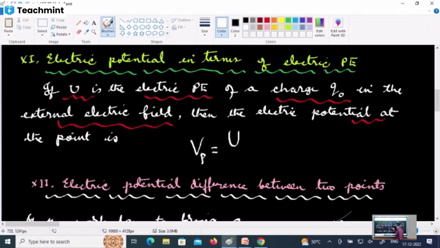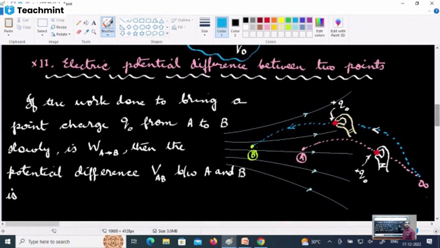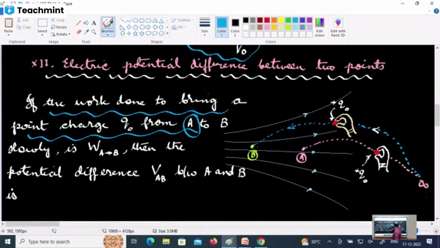Vp is equal to potential energy at that point divided by the test charge. ಈ ರೀತಿನೂ ಸಹ ಬರೀಬಹುದು. ಮುಂದಕ್ಕೆ ಹೋದ ಹಾಗೆ let us talk about the potential difference between 2 points. ಈಗ potential difference between 2 points ಅನ್ನು ಹೇಗೆ ನಾವು ಕ್ಯಾಲ್ಕುಲೇಟ್ ಮಾಡ್ತೀವಿ ಅಂತಂದ್ರೆ, if the work done to bring a point charge Q0 from point A ನಿಂದ ಪಾಯಿಂಟ್ ಬಿ ತರ್ತಾ ಇದ್ದೀವಿ.